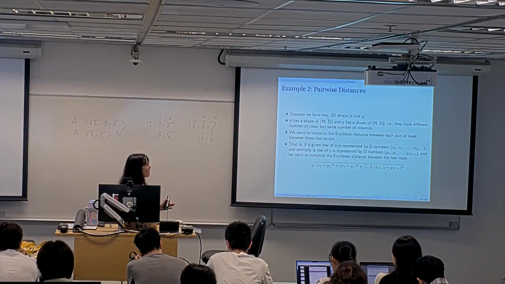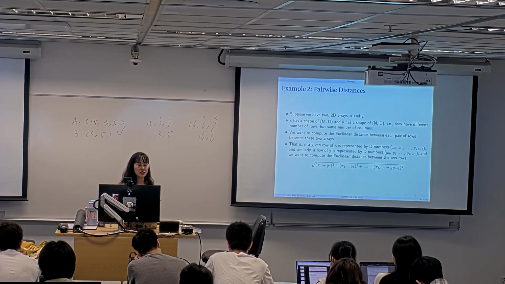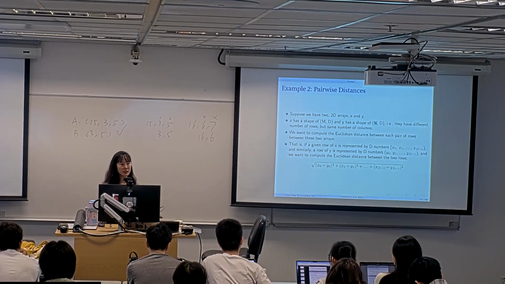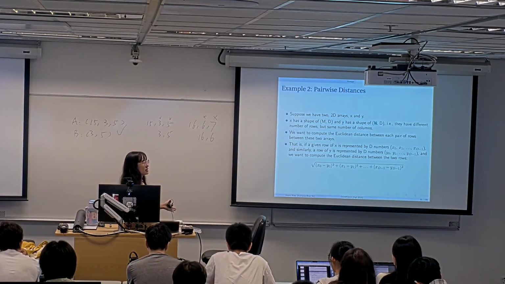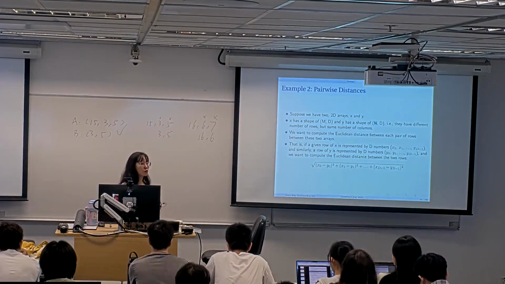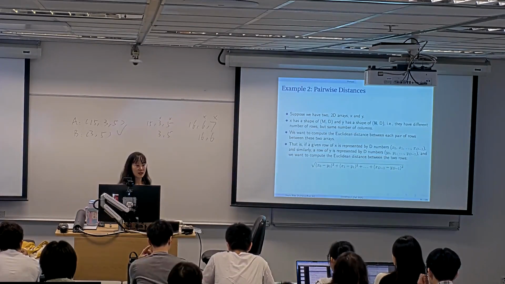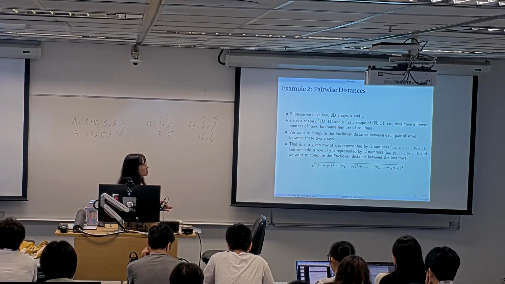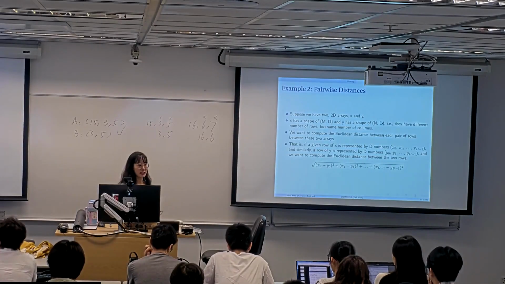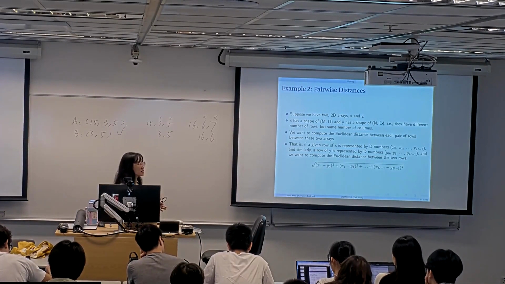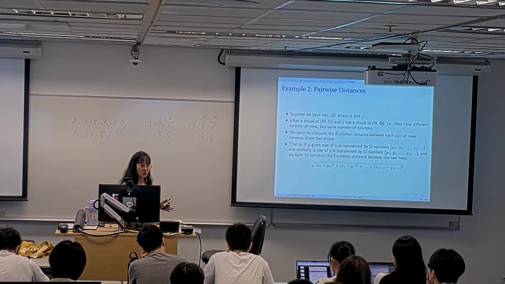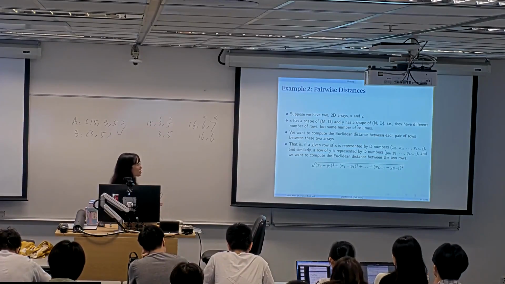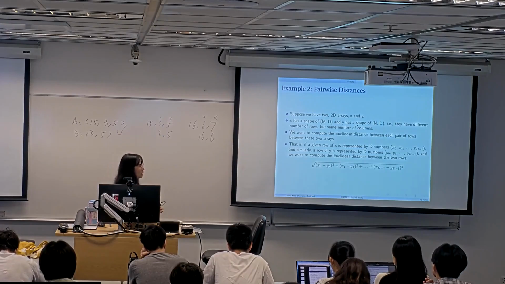For example, here X has M data points, Y has N data points. So of course the number of data points is different, but since they are data for one task, they must have the same number of features. So that's why the number of columns D must be the same in X and in Y. Typically, we say that this D is the number of features.